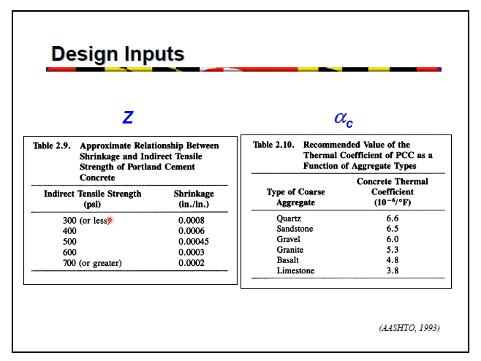So you can see that corresponding to indirect tensile strength in PSI we are having this shrinkage coefficient value, and here corresponding to different types of coarse aggregates we are having the concrete thermal coefficient per Fahrenheit from this table.